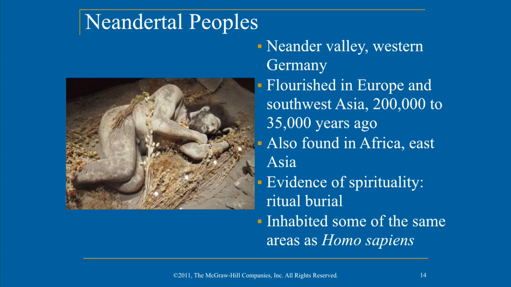Or was it something they were preparing for the next life? You think about Egyptians, they believed that you just went to another world, and so you needed to take everything with you. And we understand that there was evidence of some start of religion or ritualness to it.